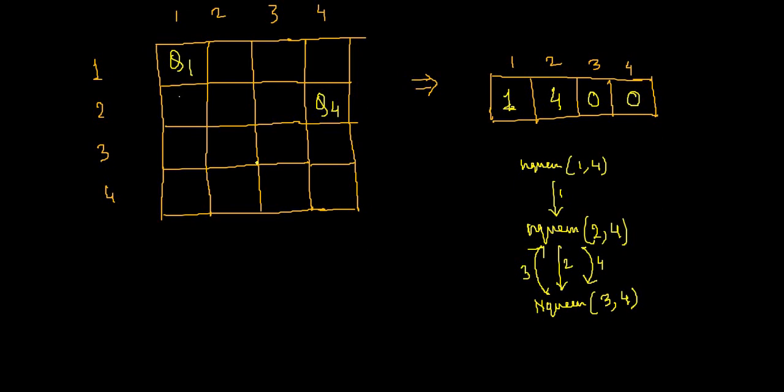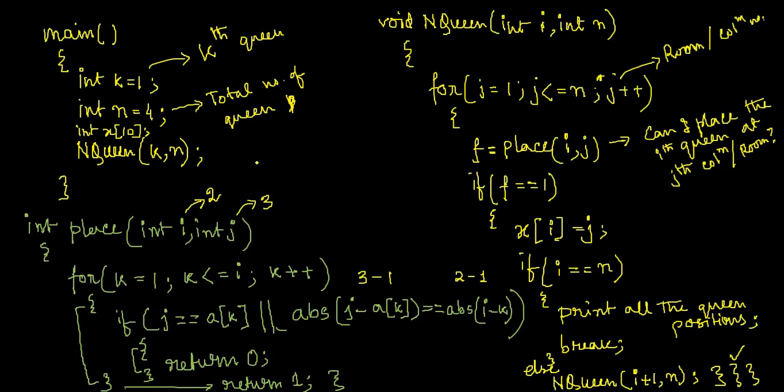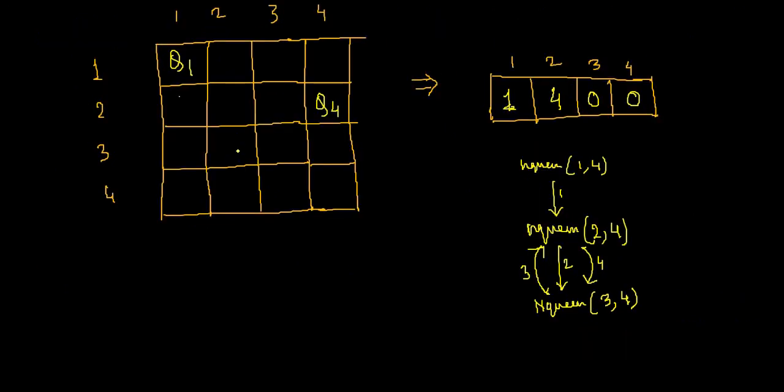I am not going into detail of checking each and every function, because I have already discussed it for the first 2 queens. I hope all of you can understand how the place function for queen 3 will be executed for each and every placing option.